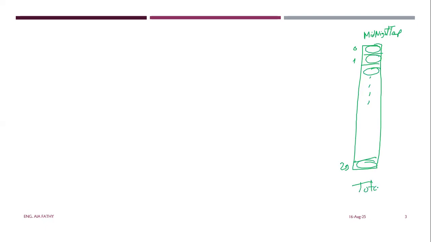So if we want to calculate the average for midnight, we can imagine that we have the midnight temperature array, with values for temperature from 0 to 29. How can we calculate the average for midnight? We want to add this plus this plus this and so on to this value. So we want to calculate the total at first.